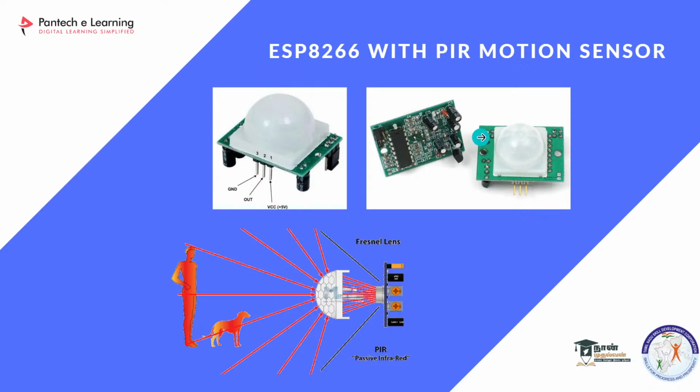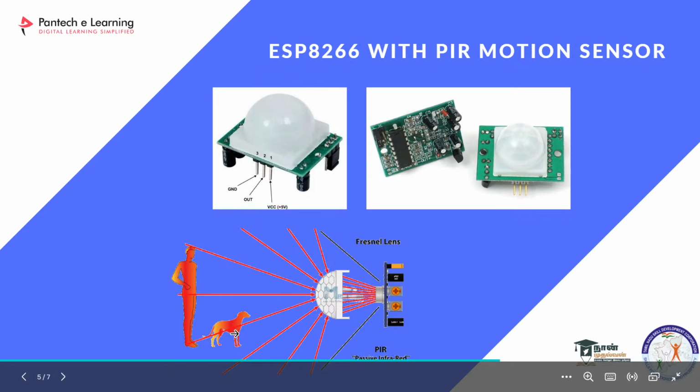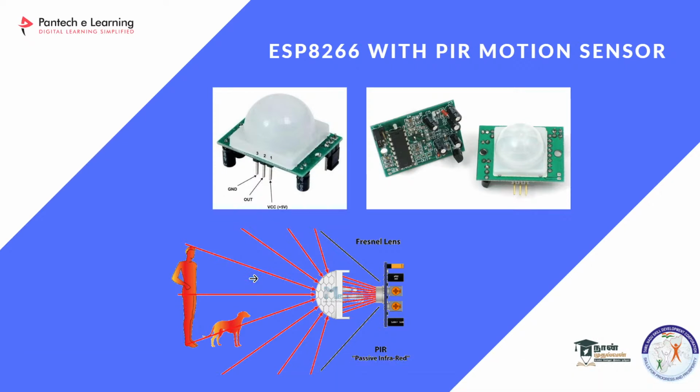A PIR sensor is an electronic device that can detect infrared radiation emitted by living beings or other objects. It is called a passive sensor because it does not emit any energy of its own like an IR sensor, but instead detects the radiation emitted by other objects in its field of view. These sensors are commonly used in motion detection applications such as burglar alarms, automatic lighting systems and smart home devices.